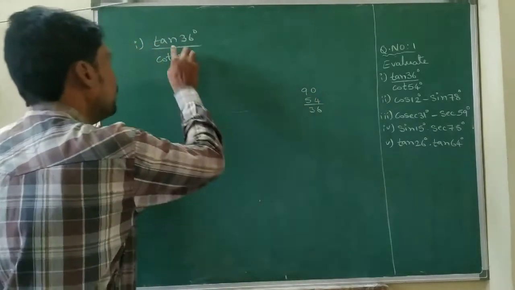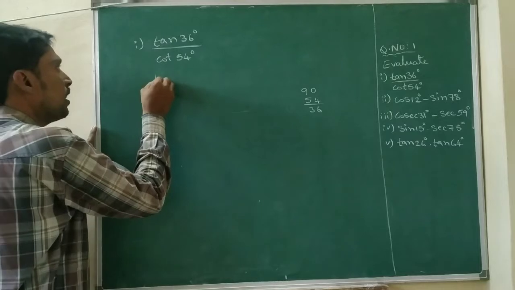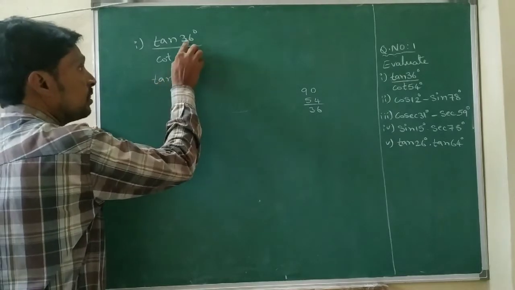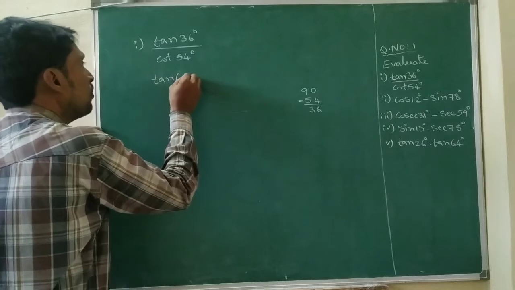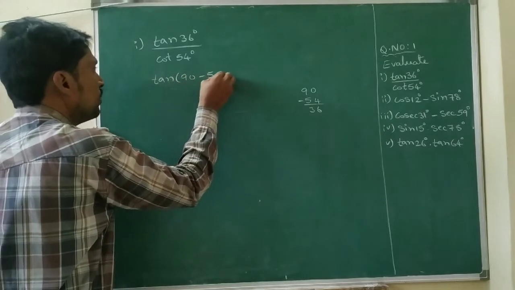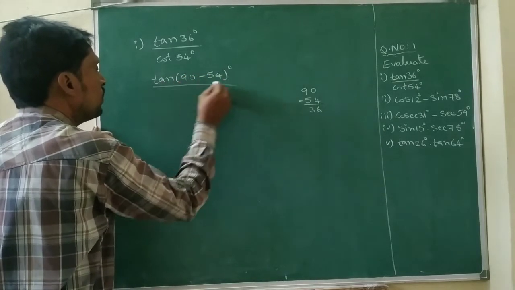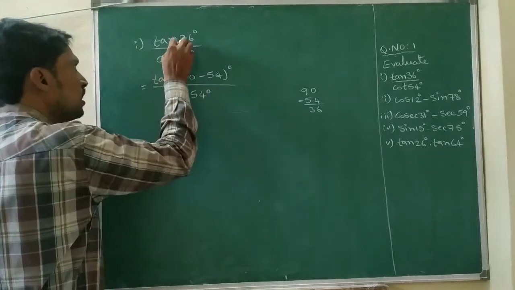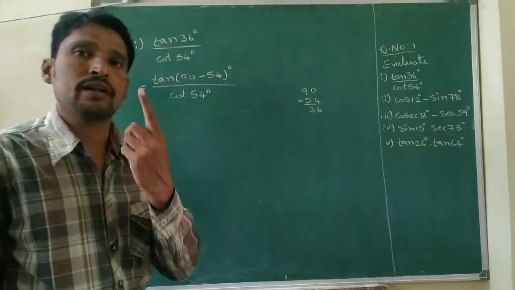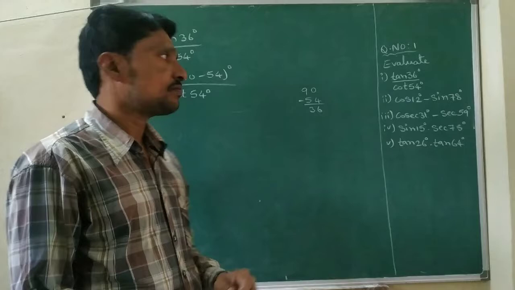So we write tan (90 minus 54) degrees by cot 54 degrees as it is. Either numerator or denominator, only one we need to change.